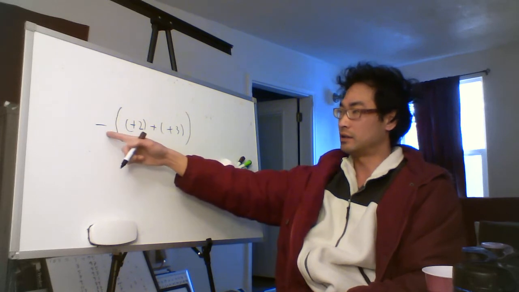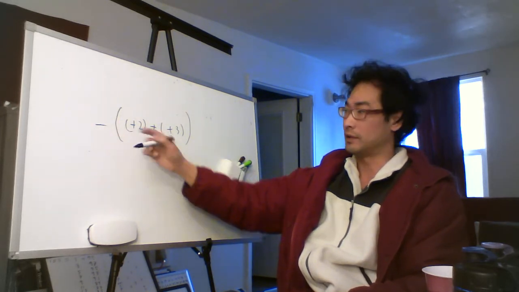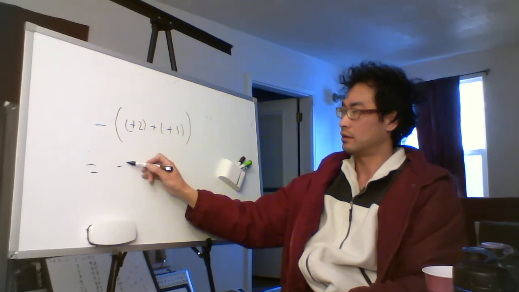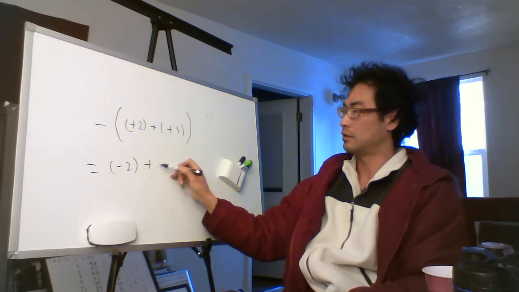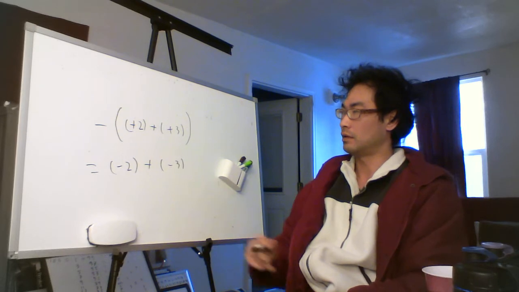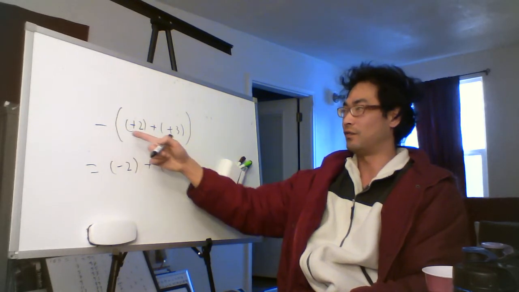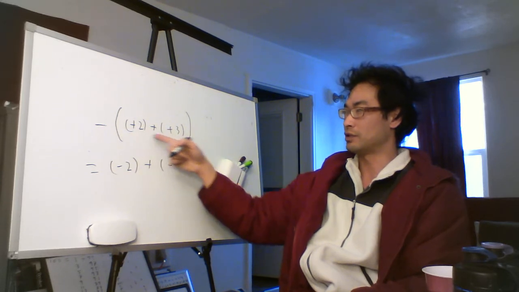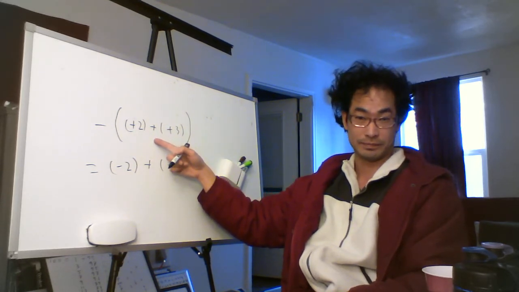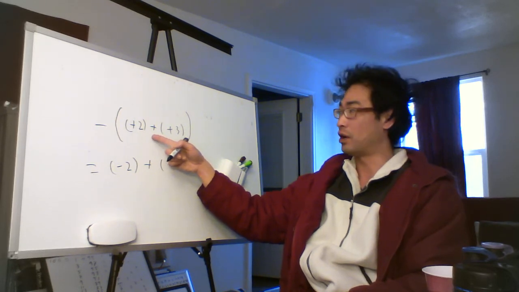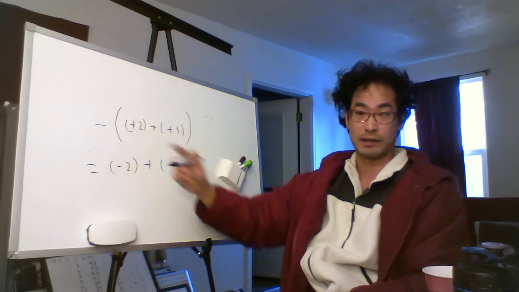The way this negative sign distributes itself is like this. This negative sign flips the sign of individual numbers, but not the operator. The operator is intact, impervious to this negative sign.